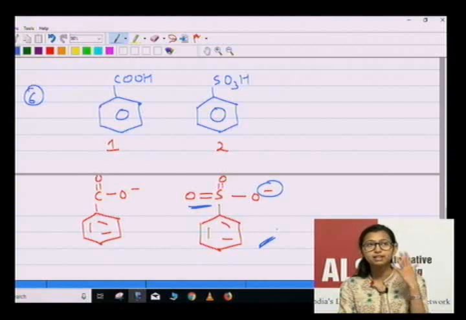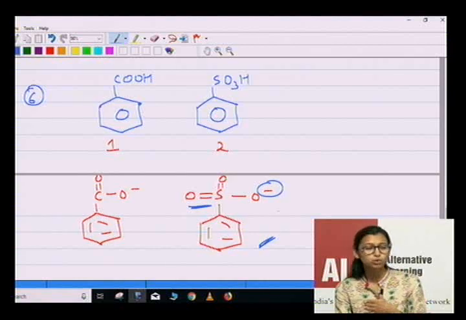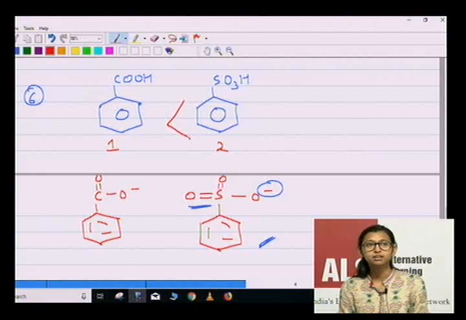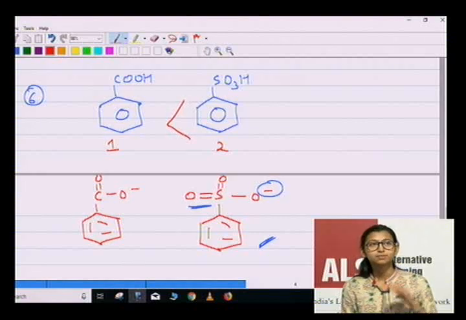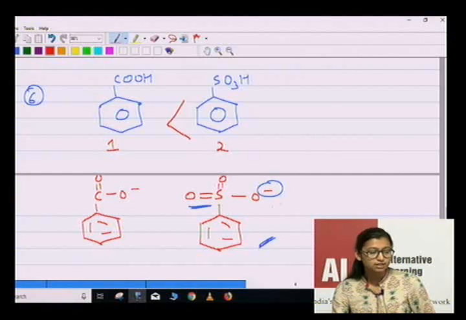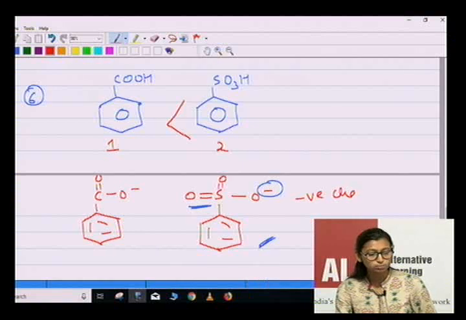Always remember that between sulfonic acid and benzoic acid, sulfonic acid is more acidic, okay? Always remember this thing. The reason is the negative charge is more stable in this structure.